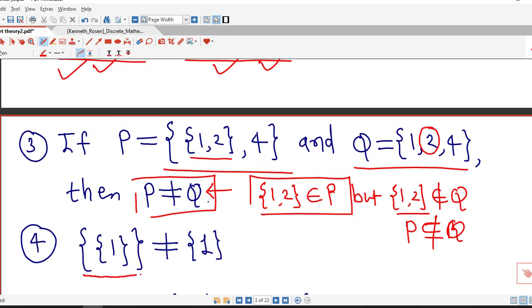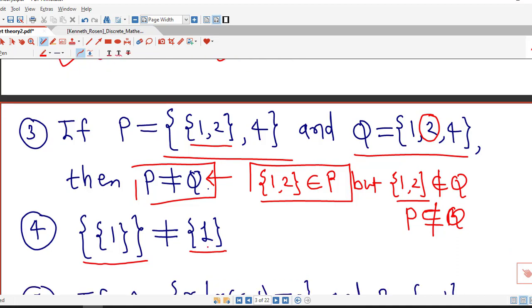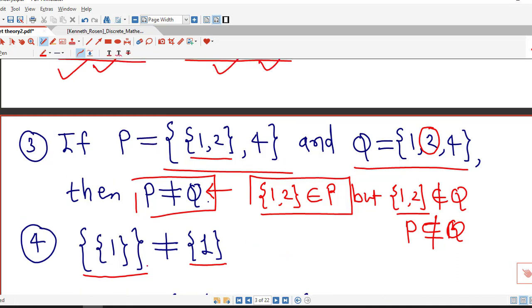Similarly, here on the left hand side we have a set containing a set, and here we have the set containing 1. So these two are also not equal, because if we want to check that this is a subset of this set, then this element, which is an element of the set on the left hand side, must be a member of the set on the right hand side, which is 1, but this is not true, because this is a set, and this is an element.